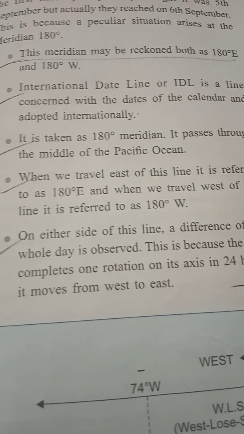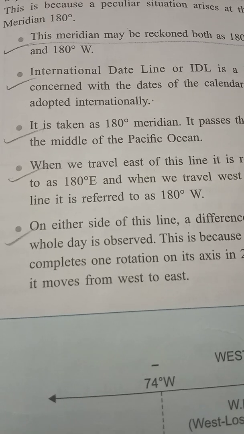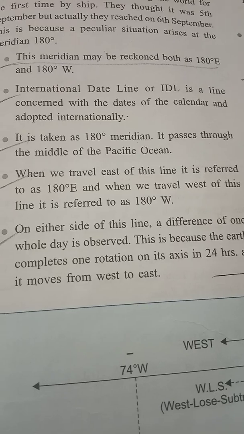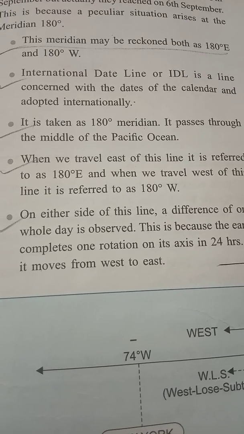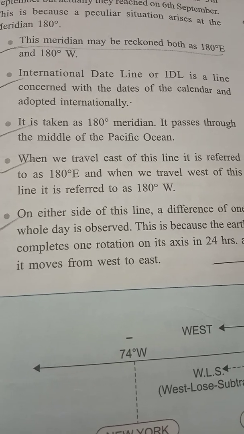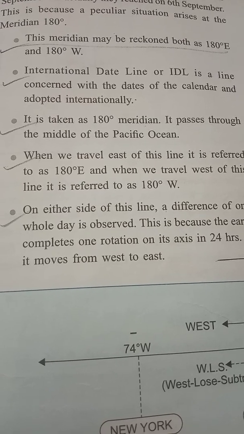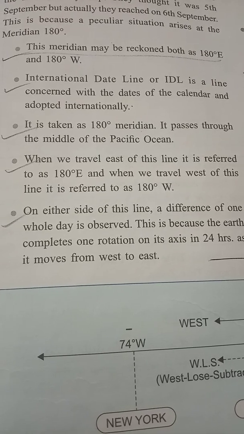IDL is a line concerned with the date of the calendar adopted internationally. It is taken as the 180 degree meridian passing through the middle of the Pacific Ocean. So see children, when we travel east of this IDL, it is referred to as 180 degree east, and when we travel west of this line, it is referred to as 180 degree west. Either side of this line, a difference of one whole day is observed.